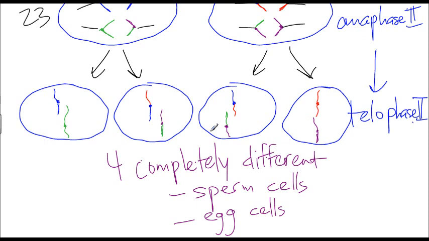So here's the thing though. When we undergo spermatogenesis, and that's the formation of sperm, we have the possibility of forming four completely different sperm cells by the end of meiosis.